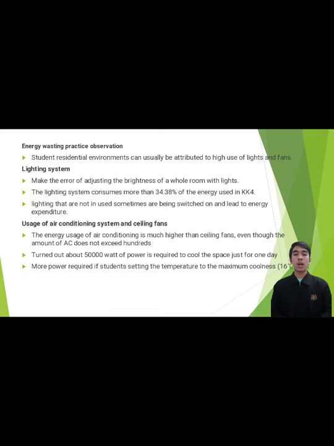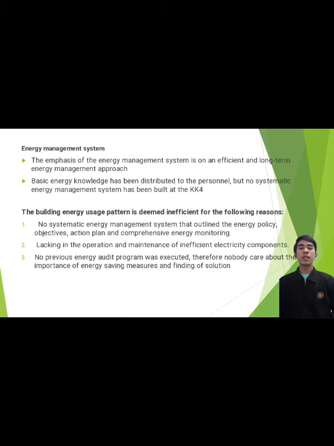This consumes a high amount of energy and increases the cost of electricity. More power consumption is required if the student sets the temperature to the maximum coolness, which is 60 degrees Celsius.